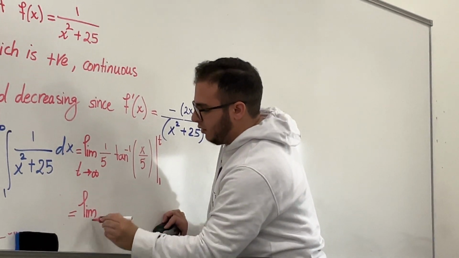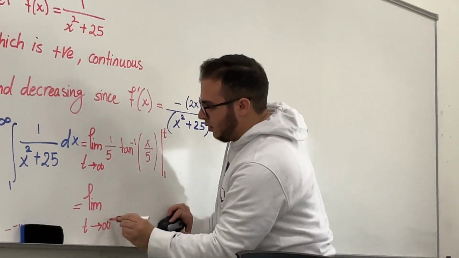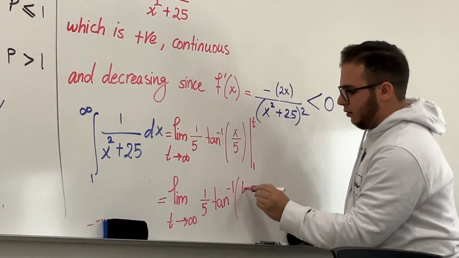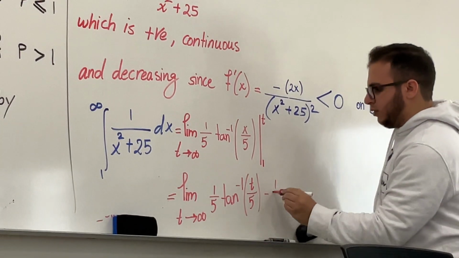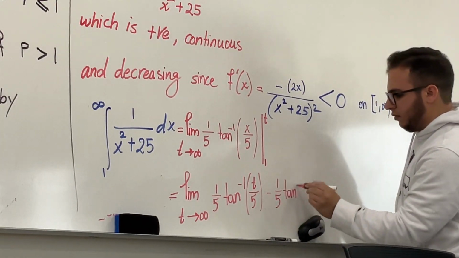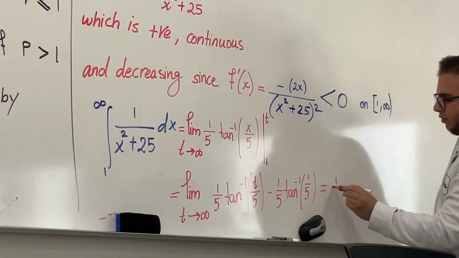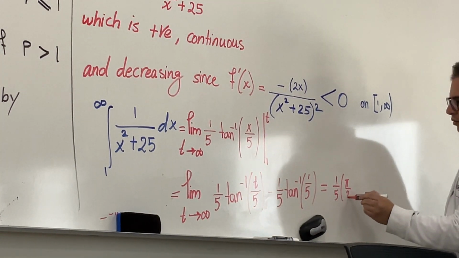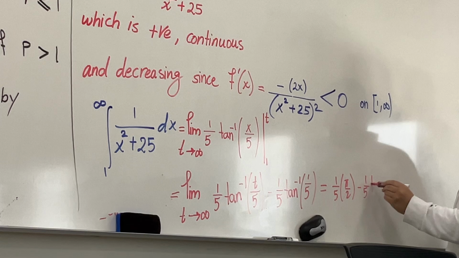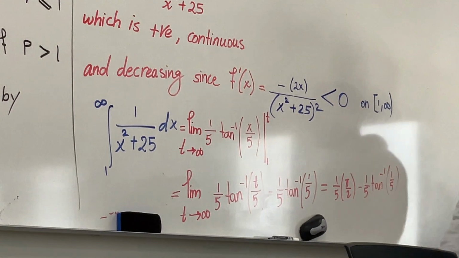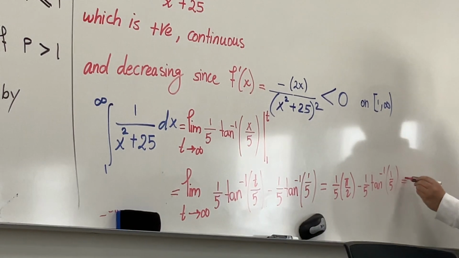So limit t goes to infinity. Plug the t minus plug the 1. What do you get? 1 over 5, pi over 2, minus 1 over 5, tan inverse 1 over 5. I don't care what this is, these are just numbers, so this converges.